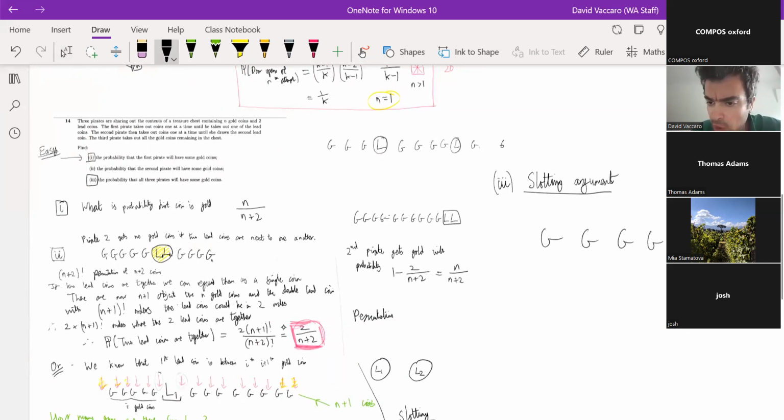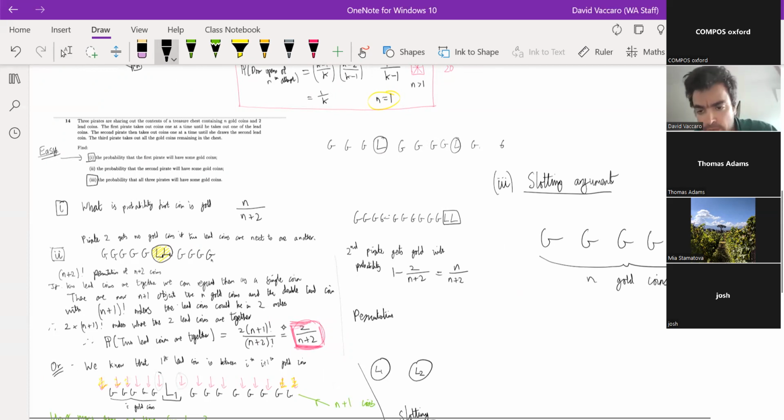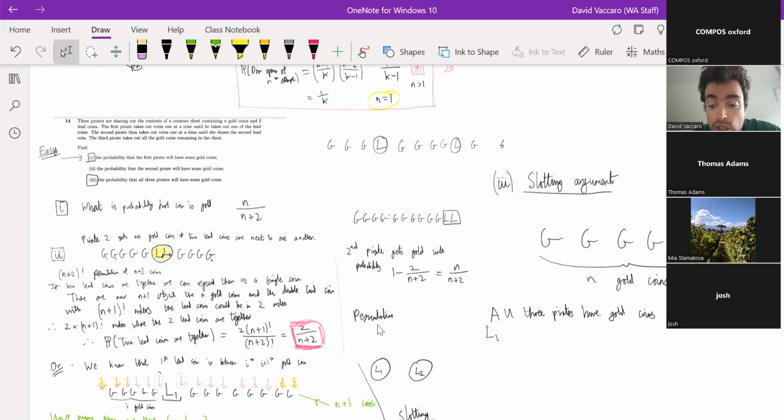I'm just going to list the n gold coins here. For all 3 pirates to have gold coins, where must L1 slot in? Or rather, where must L1 not slot in?